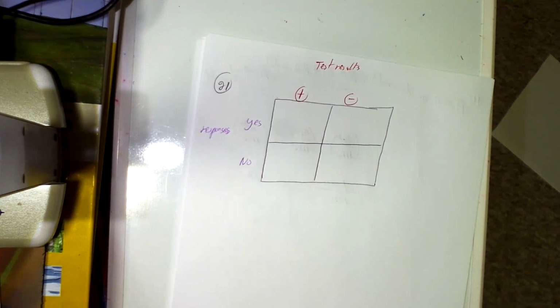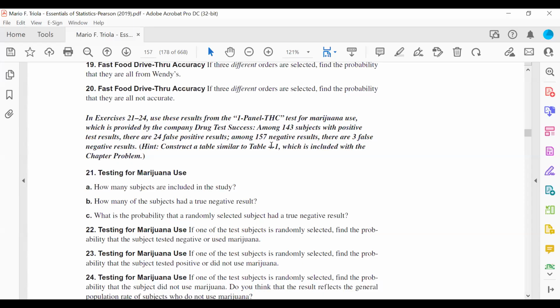All right, so let's tackle the first one. It says among 143 subjects with positive test results. Right, we're going to take that part first. Where do I put the 143? The 143 represents subjects with positive test results.